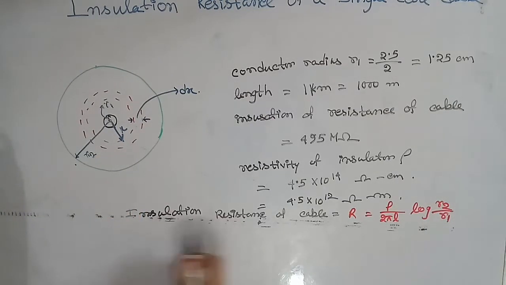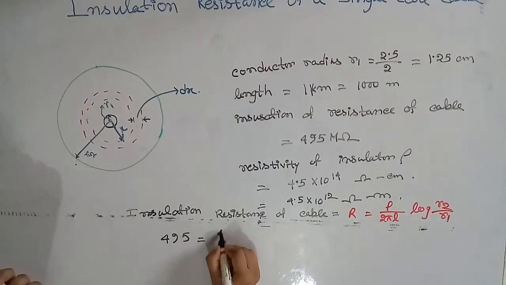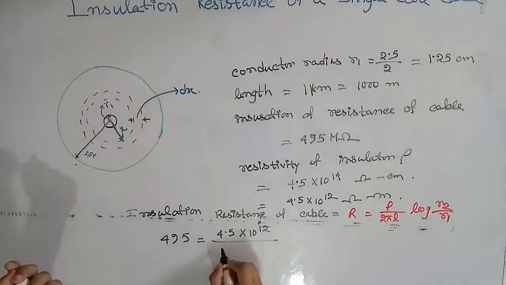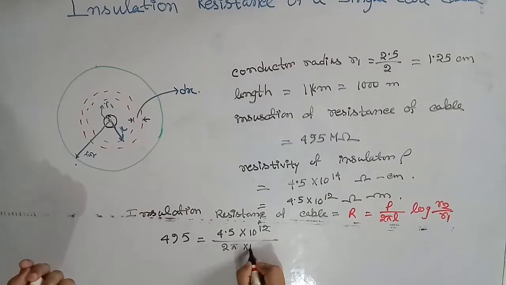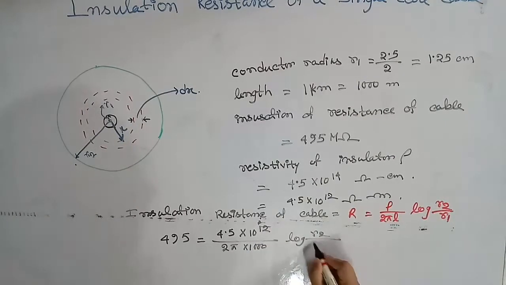Now put the value of R, that is 495, equals rho, which is 4.5 into 10 to the power 12 by 2 pi into 1000 log R2 by 1.25.